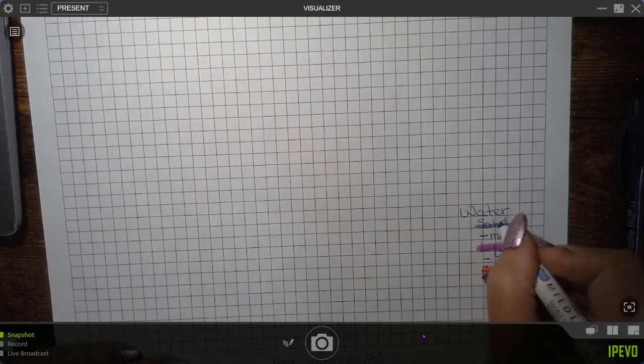I'm going to use orange for the gas phase, purple for the liquid phase, and blue for the solid phase, just so that when I get done, we'll be able to look at it and see what we've got.